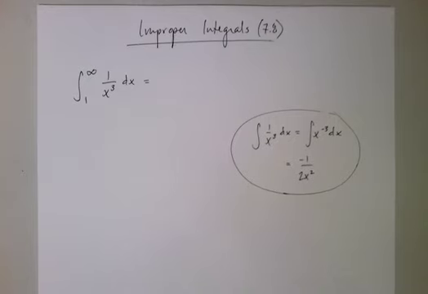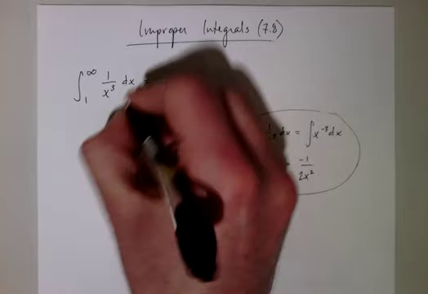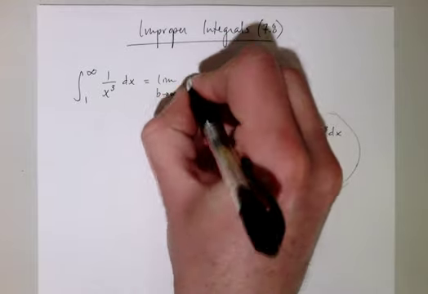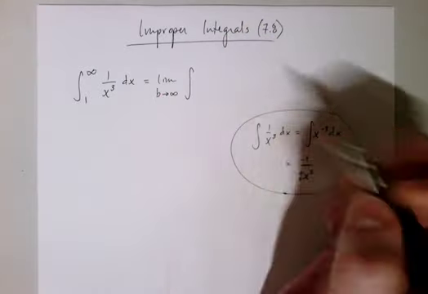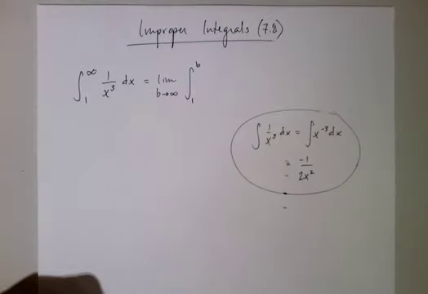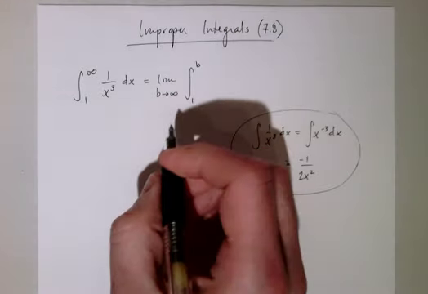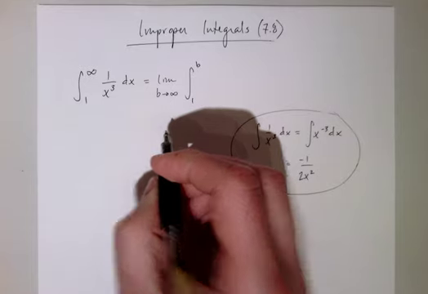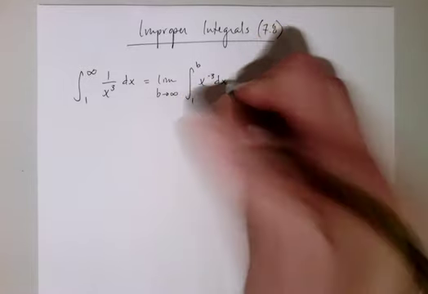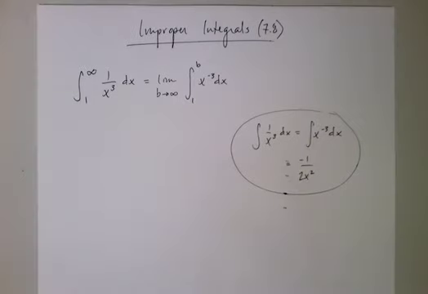Instead of dealing with the mathematics of equality, we are going to make recourse again to the mathematics of approach. Instead of going from 1 to infinity, I'm going to go from 1 to b, and then take that integral and plop it inside of a limit and evaluate the limit as b goes to infinity. Okay? So I'm sort of cheating.